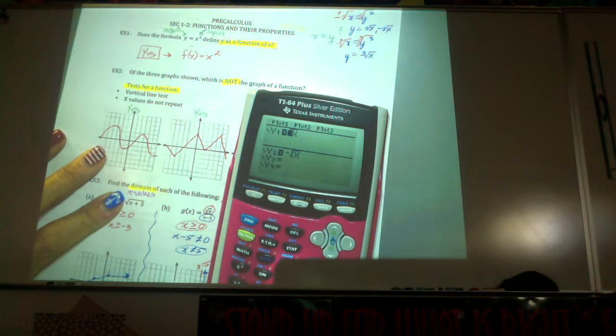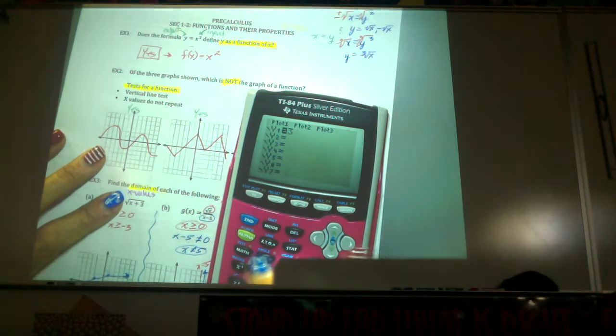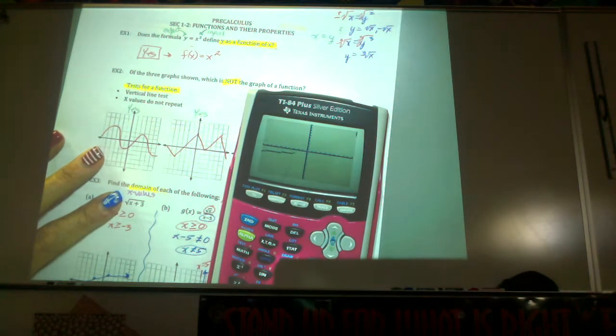So if I put that in my calculator, let's see if this is a function. So I'm going to clear out both of these equations. So to get your cube root, go to your math button. Oh, I guess there's an exact cube root. I'll just do it this way. Is that a function? Yes. So your odd roots are going to look like that.